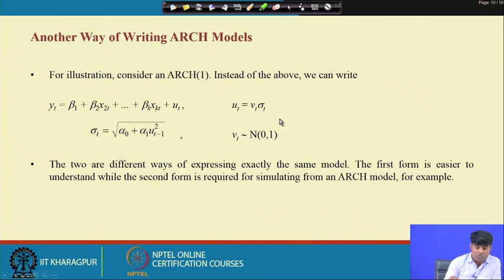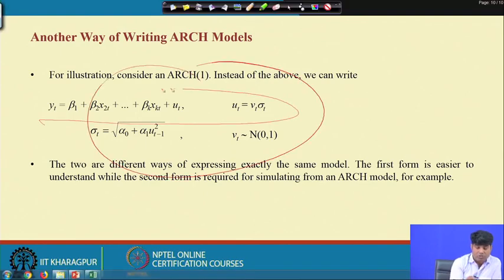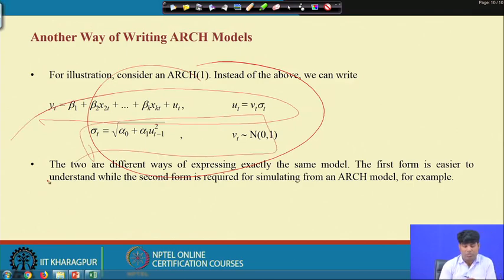Here is the general structure of the ARCH modeling, and we start with this particular concept, and then finally this is the model of the ARCH. So, there are two different ways of expressing exactly the similar kind of structure.